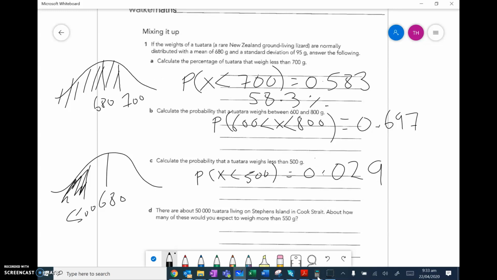Now remember, you should be writing standard deviation equals 95, mean equals 680, lower equals negative 999, and so on, and upper equals 500. You need to write this in your paper because there's another way of doing it, which is a calculation, so they'd want to see evidence that you knew what you were doing in your calculator.